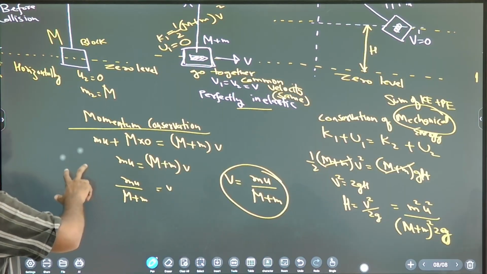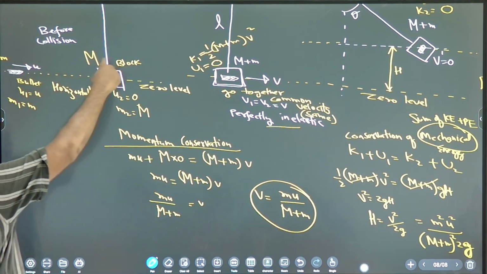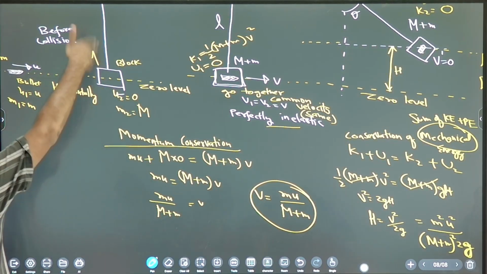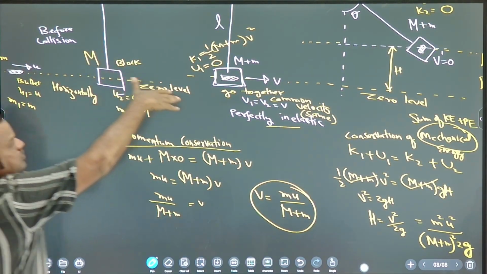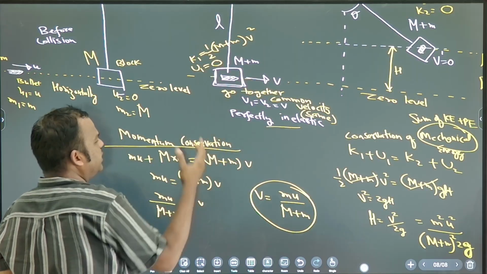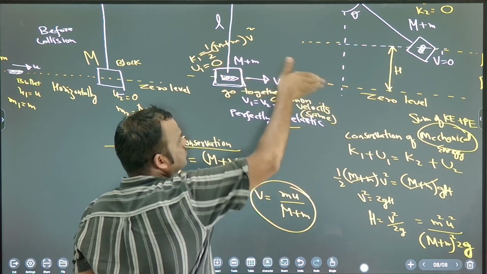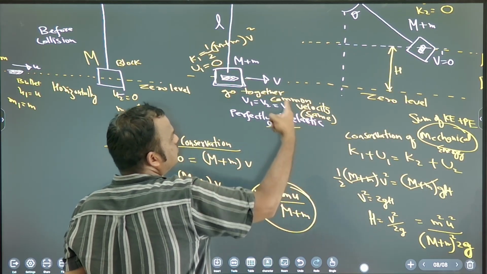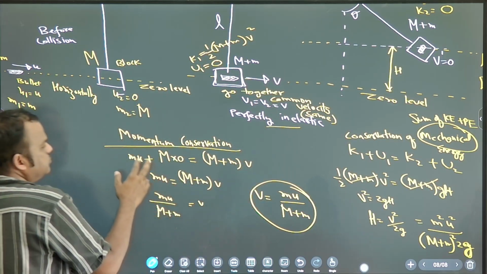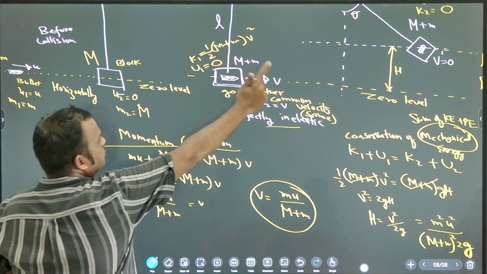So understand this. First, what is going on? The bullet is coming with speed u. The block is at rest, hanging. The bullet gets embedded. Embedded means absorbed. So they go together with a common velocity v. Momentum conservation: mu plus 0 is equal to (M plus m) into v.